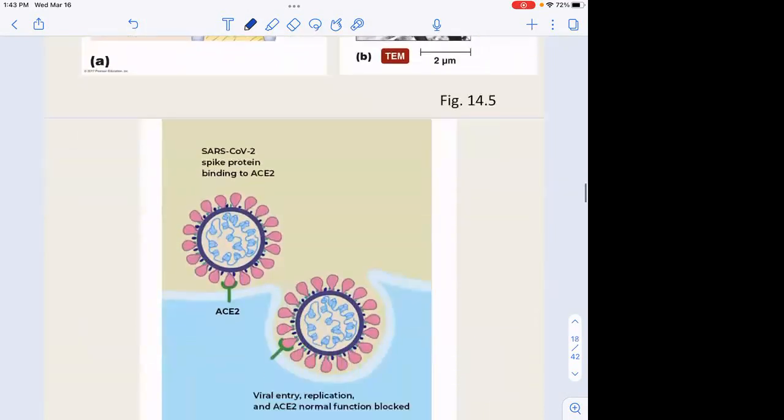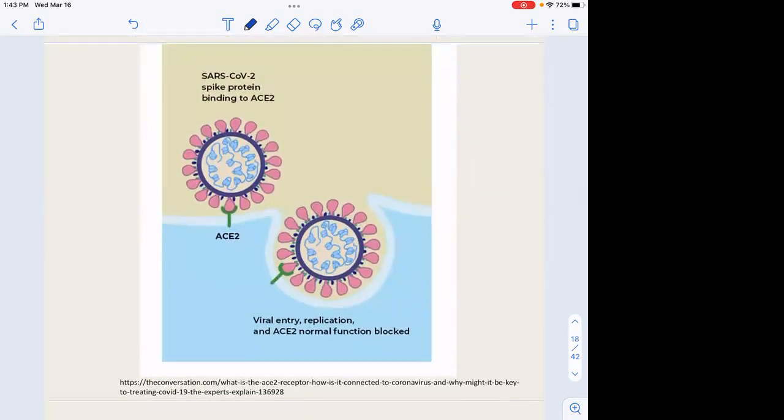Another example, again, don't memorize the examples. I'm just trying to illustrate the principle here. You've heard a lot, perhaps, about how COVID becomes successful and how it attaches to our cells. We have receptors, these ACE2 receptors.